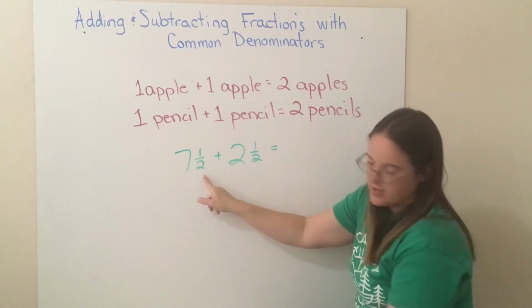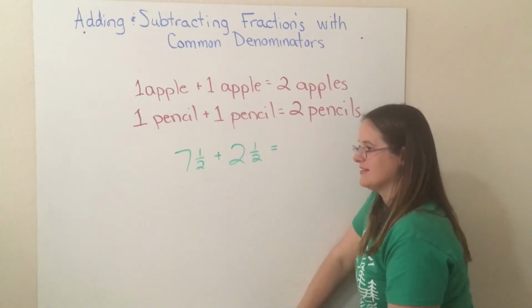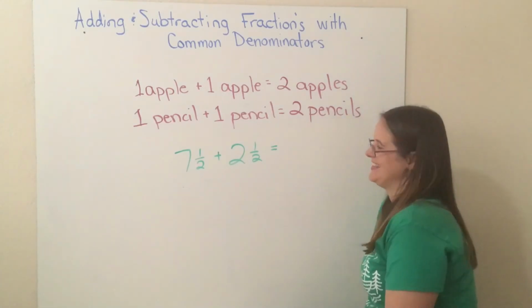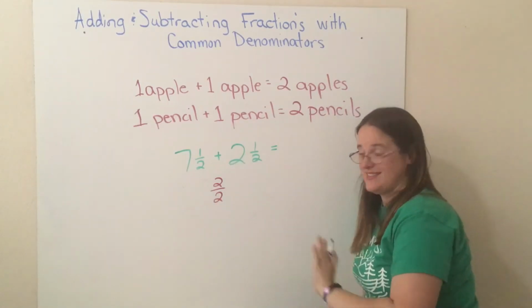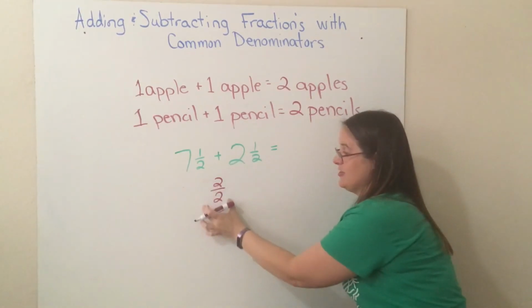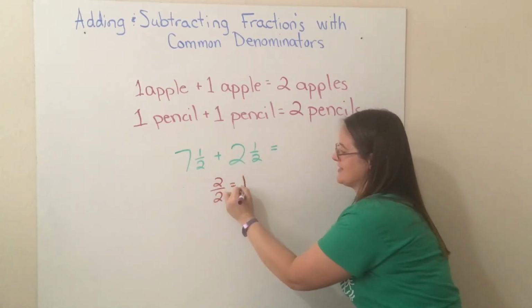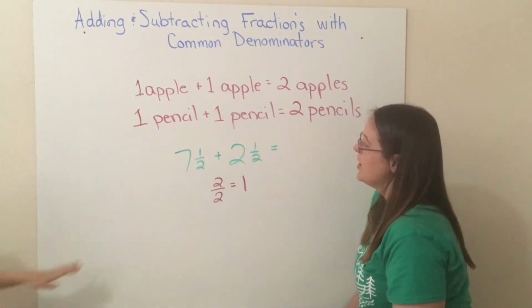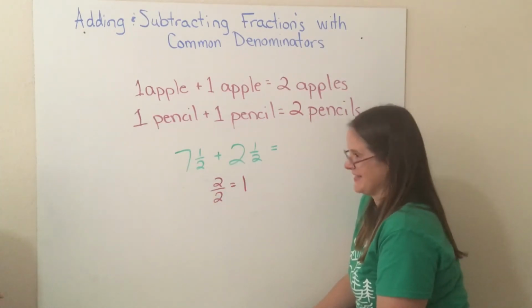So Nyla, what is 1/2 plus 1/2? Well, we could say 2 halves, but 2 halves equals 1 whole. So Nyla just exactly explained that. We could say 2 halves, but in 4th grade we know that 2 halves is the same thing as 1 whole. So when the two numbers are the same, then that means it's equal to 1 whole.